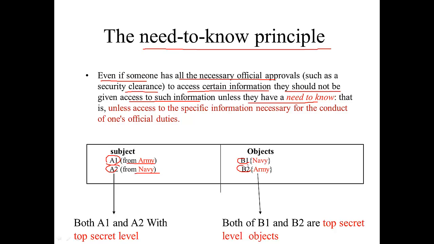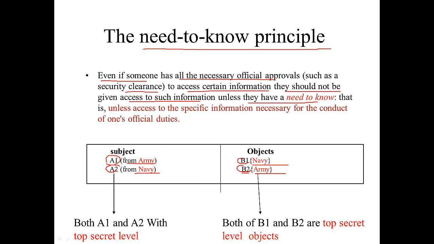B1 is the information related to Navy. B2 is the information related to Army. Both B1 and B2 are top security level objects based on the policy in the BLP model.